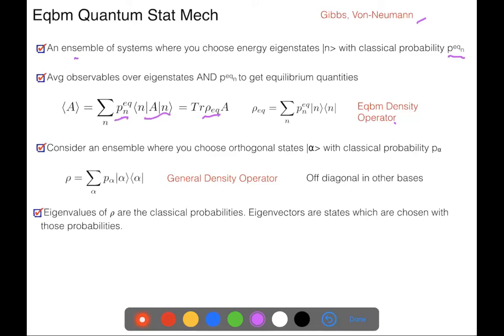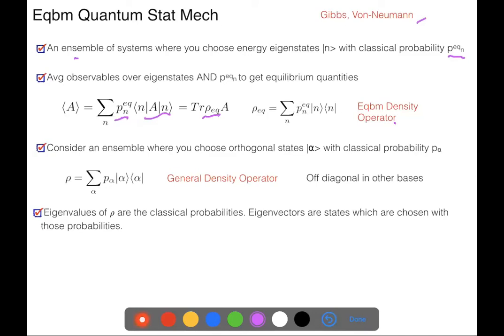And just a point, because this will come back to us when we look at MBL. One thing I want you to keep in mind is that every density operator, whether it's equilibrium or not, can always be thought of as a process where you choose certain orthogonal states alpha, which may not be Hamiltonian eigenstates, with classical probability P alpha.